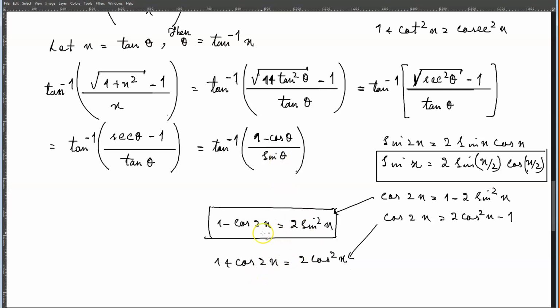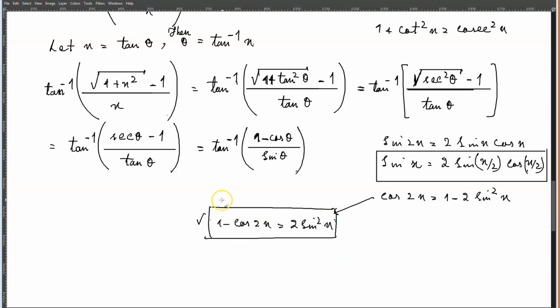So you can see that I can use this one over here, 1 minus cos 2x, because I have subtraction here, but 1 plus cos 2x I cannot use here because this is subtraction, this is addition, right? So I'm going to use this one, but then I need to make some changes to it.